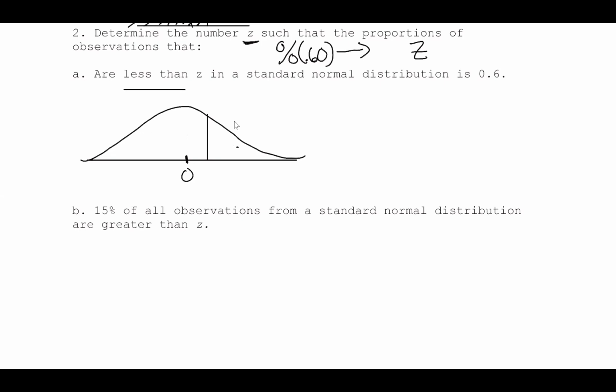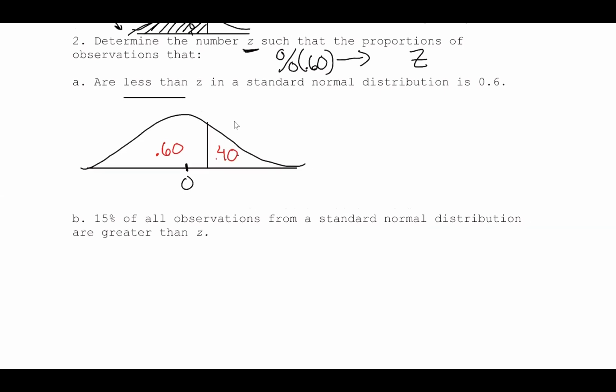So now I'm going to say this is 60%, this is 40%. Everybody good on where the 60 and 40 came from? All right. Now, how do we enter this into ClassCalc?